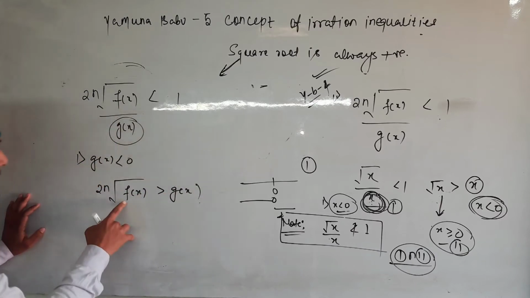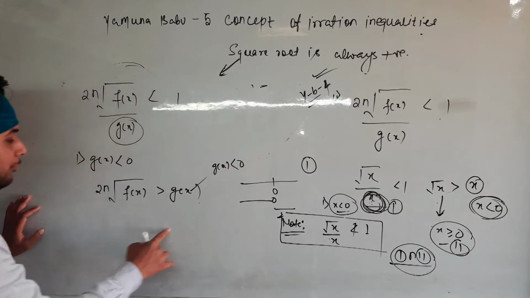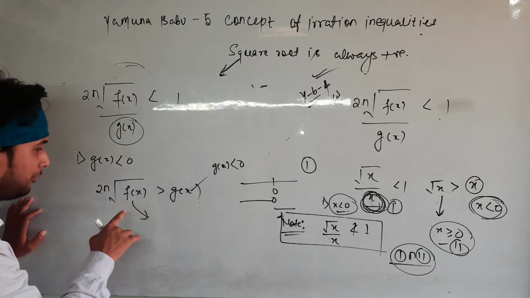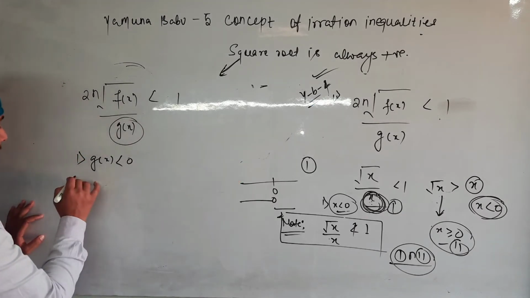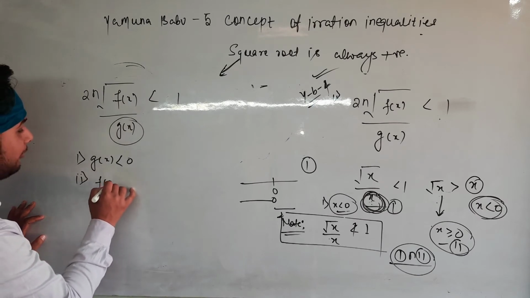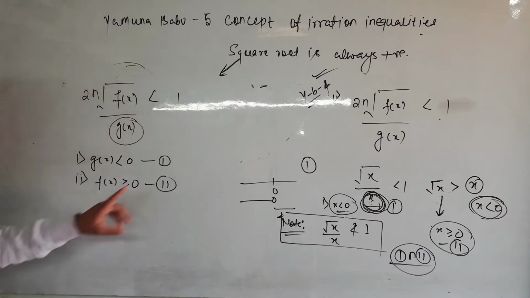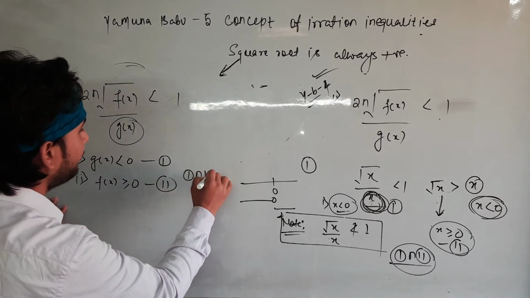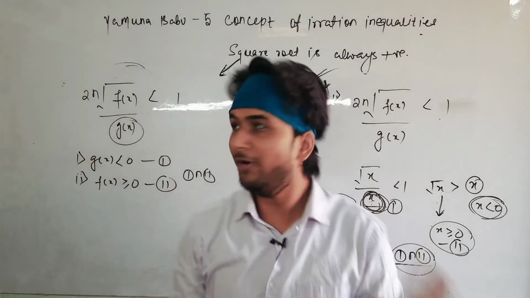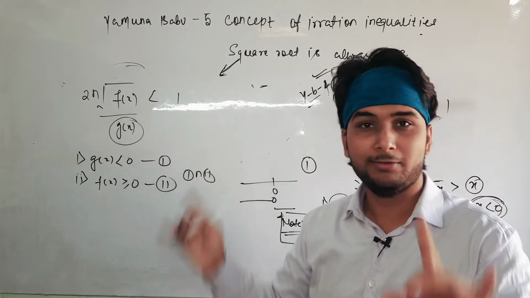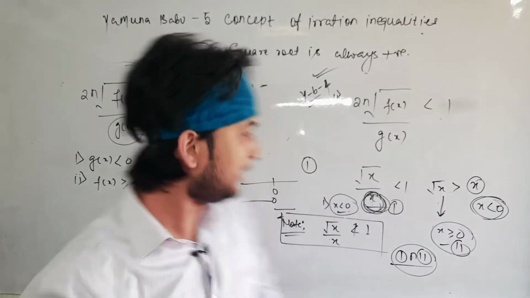You have taken g(x) less than 0, then you have to define only the square root. It means that the second condition will be f(x) greater than or equal to 0, and you have to take the intersection. That is the similar case to what I read in YB concept number 2 and YB concept number 3. And this is the first case.